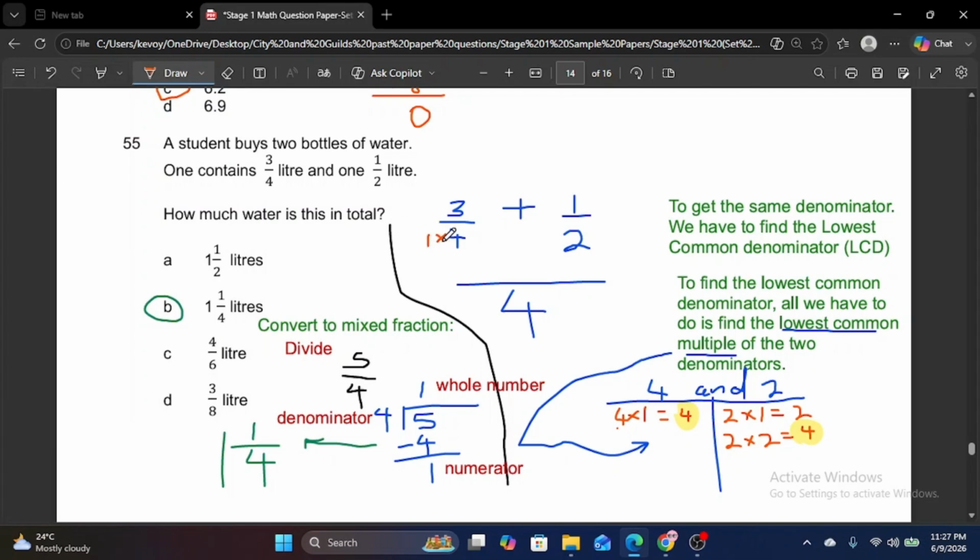This is the important part as well. Any number you multiply at the bottom, you have to multiply the number at the top by the same number. So if you multiply the bottom by 1, you multiply the top by 1 as well. That's going to be 3 times 1, which is 3, plus... what did you multiply 2 by to get 4? That's going to be 2.